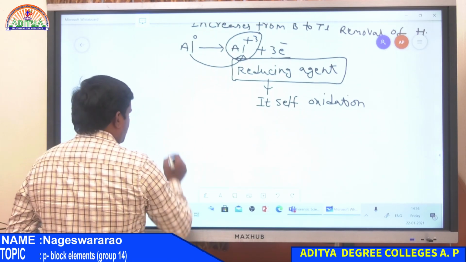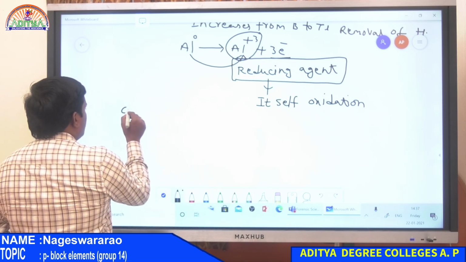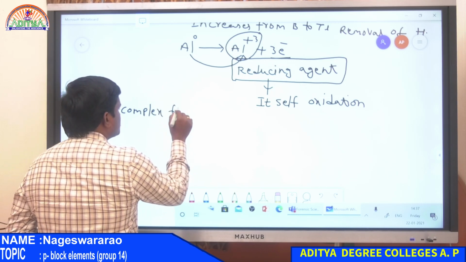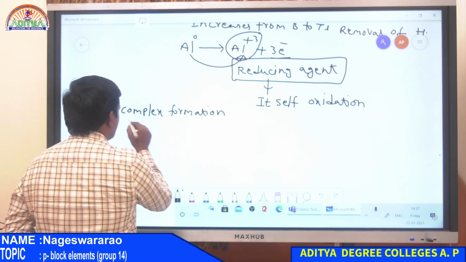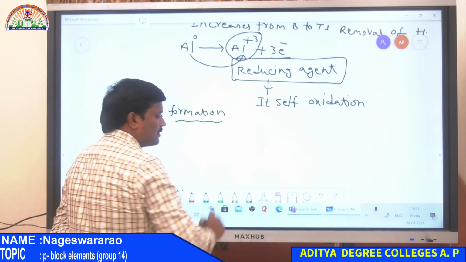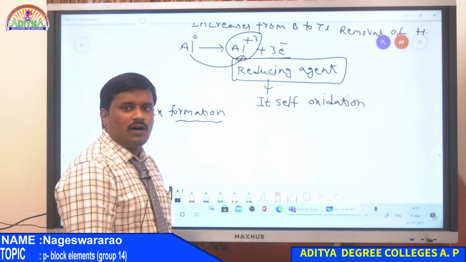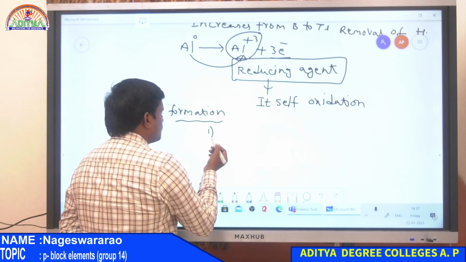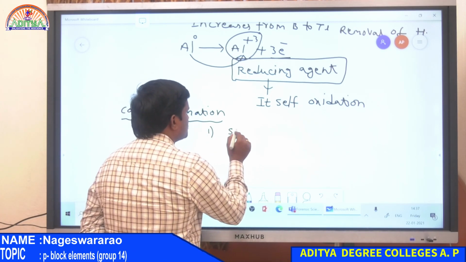Now, the last property in the boron family is complex formation. So, what are the conditions for an element to undergo complex formation? In complex formation, the element has small size.